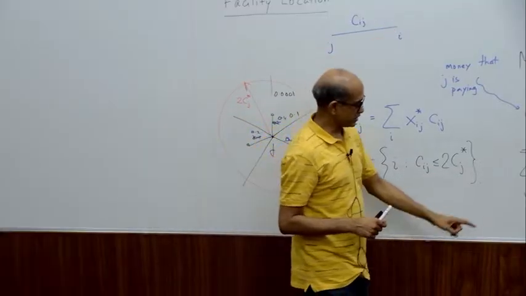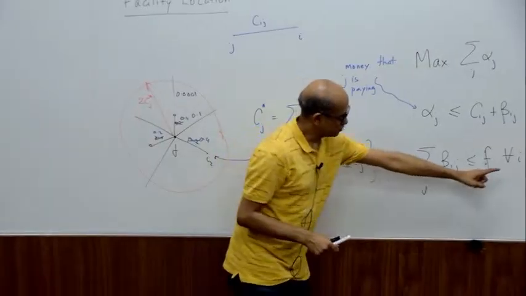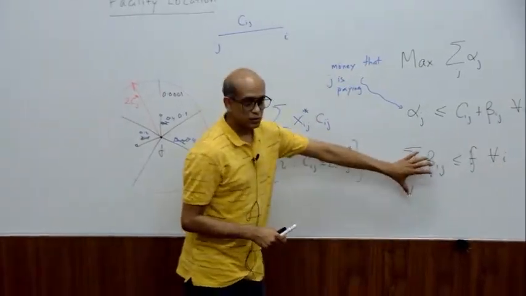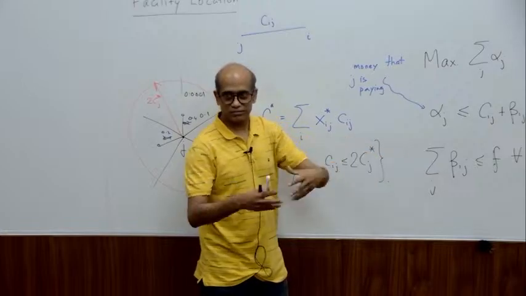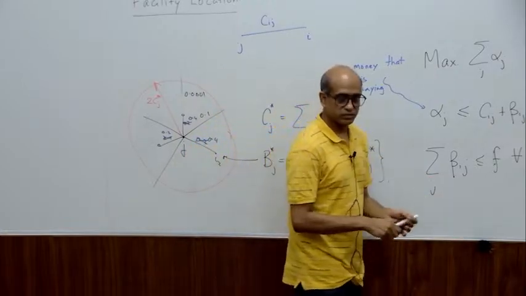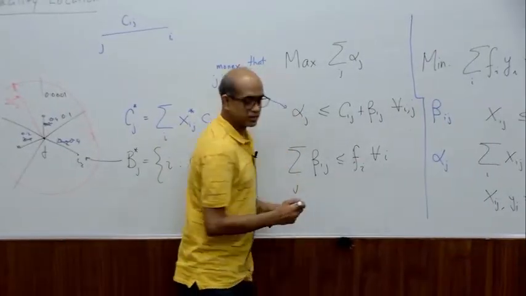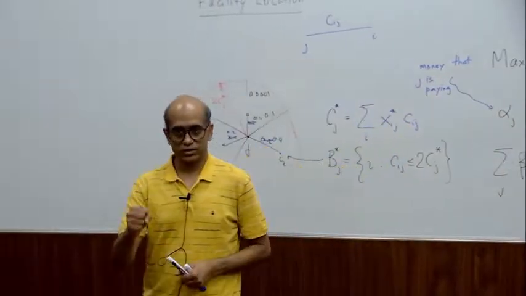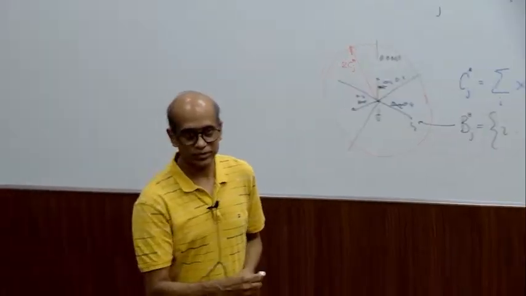So the money I pay is c_ij plus the extra account. And the constraint is that if you look at facility i, you add up all of these accounts that it is getting from all the clients, and this will not exceed its opening cost. So essentially, everybody is trying to pay for a facility that is getting opened. How am I paying?